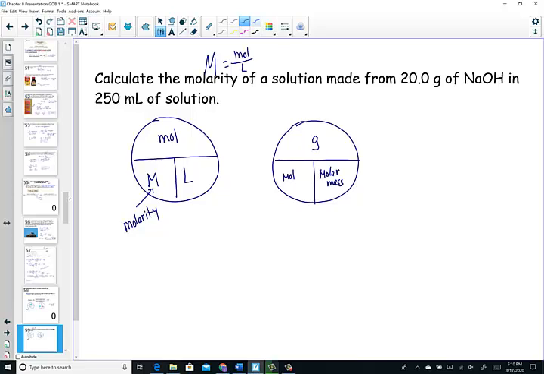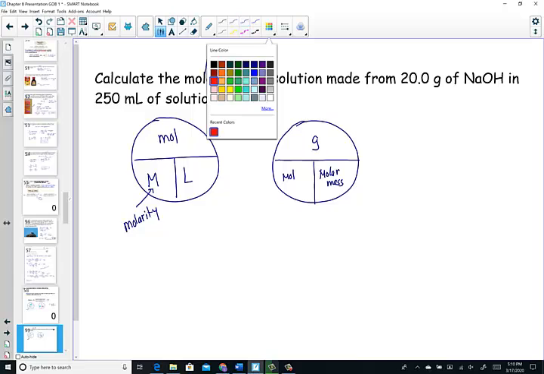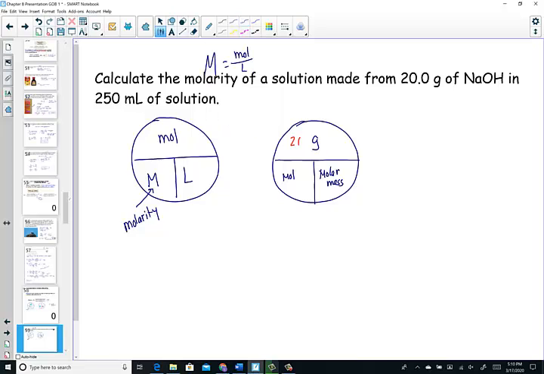So let's take just a visual here of what we know. From the problem, I had 20 grams of sodium hydroxide, NaOH. I'm glad I corrected that. That was given to me right here, is 20 grams. And you know what else I know? I know the molar mass of sodium hydroxide.